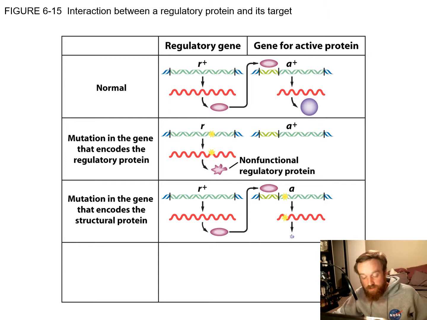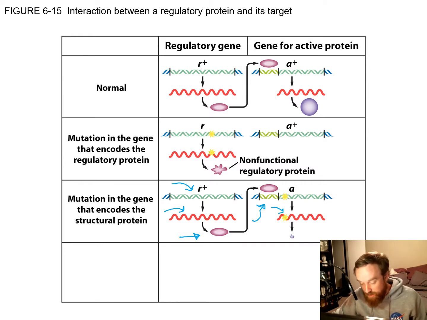Another situation we could have is if there's a mutation in A. R is able to be transcribed into mRNA and creates that transcription factor, and that transcription factor works just fine. It goes over to the A gene and makes A into mRNA. However, that mRNA has a mutation in it.